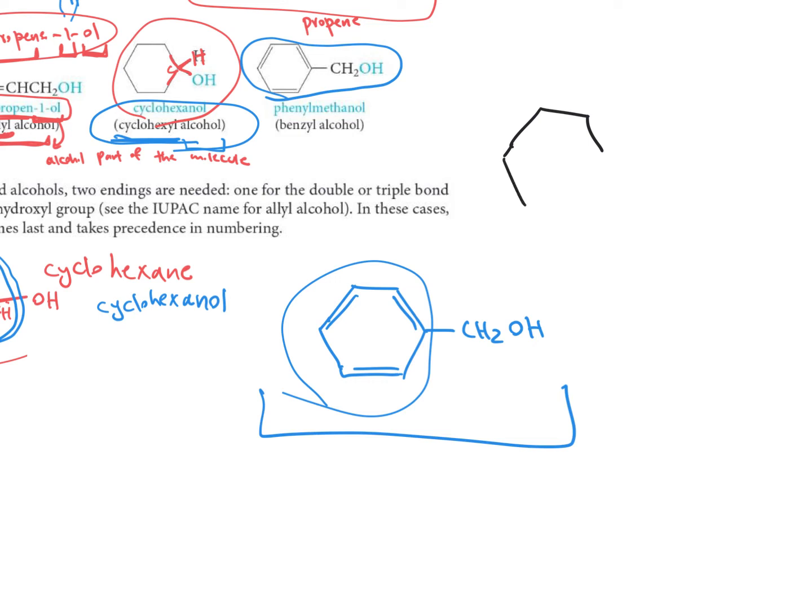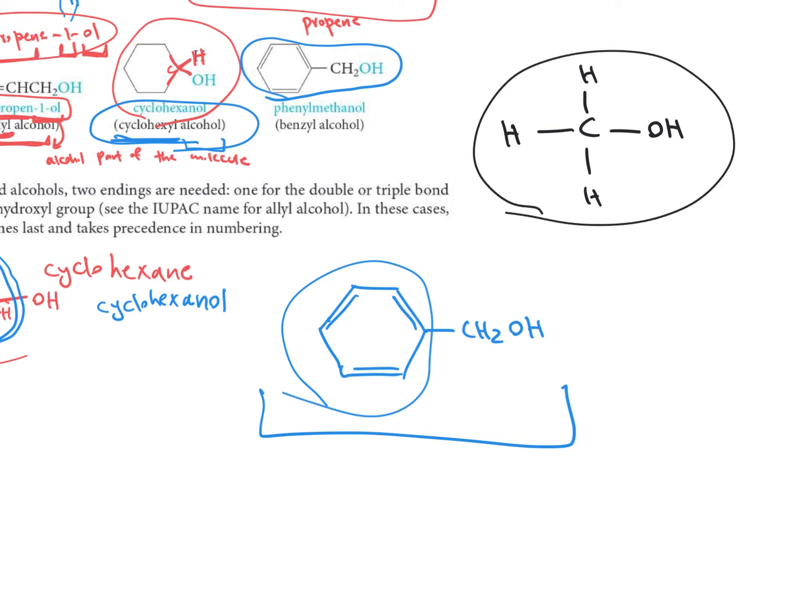So if I have CH2OH, what is the name of this compound? Methanol, exactly. So this is methanol. And what we did, we got rid of this hydrogen here and we added this.